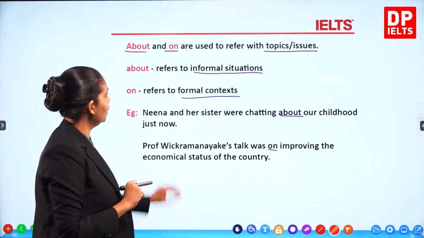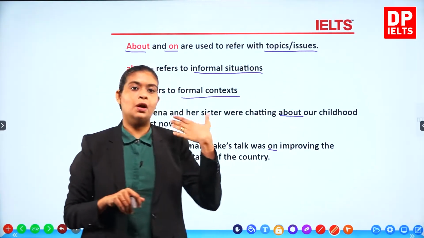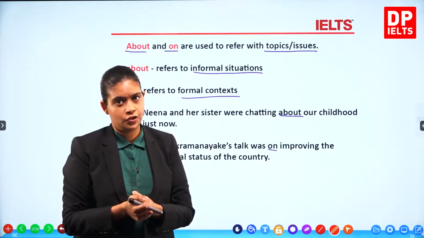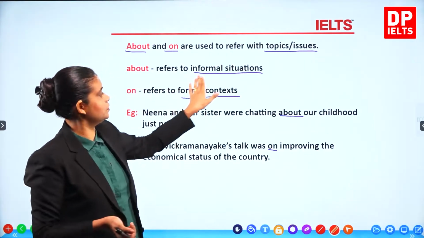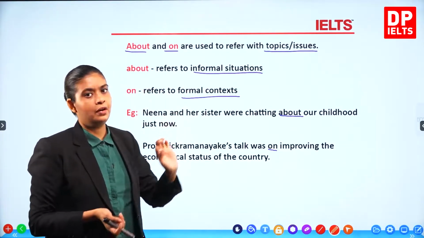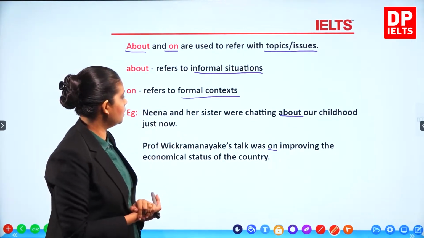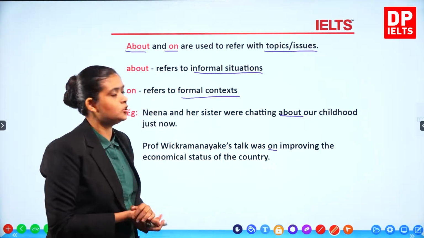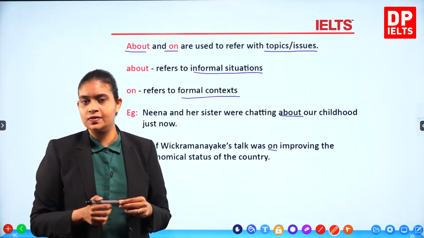So about and on are both used when we are talking about a certain topic or an issue. But the difference is that about refers to informal situations, whereas on refers to a formal context. Let's have a look at the first one. Nina and her sister were chatting about. Is it a formal context?